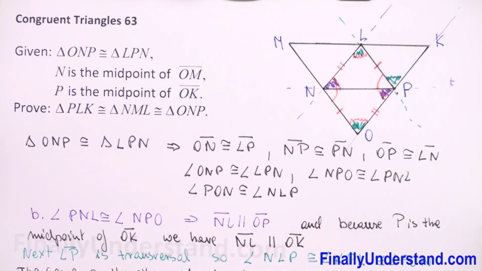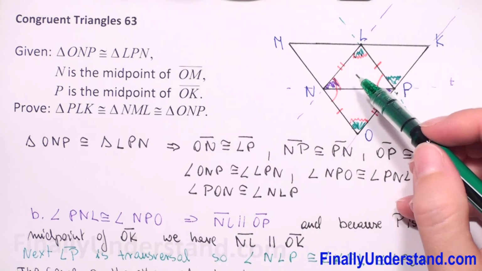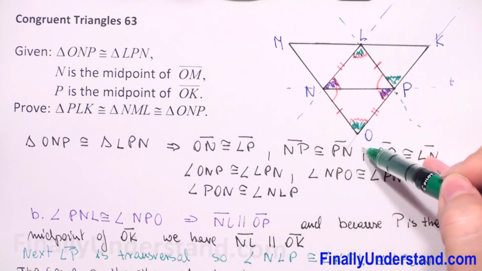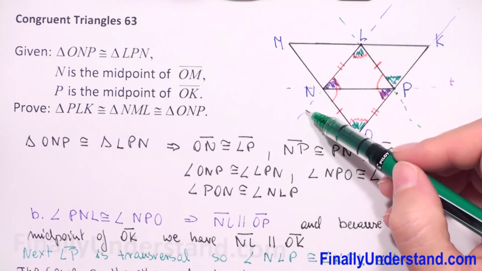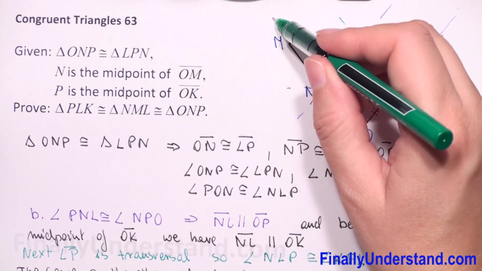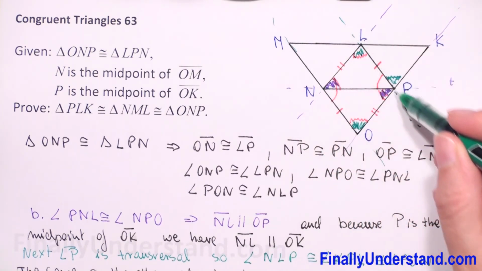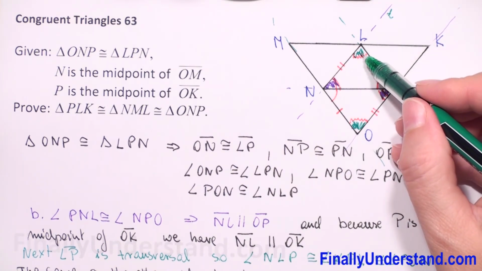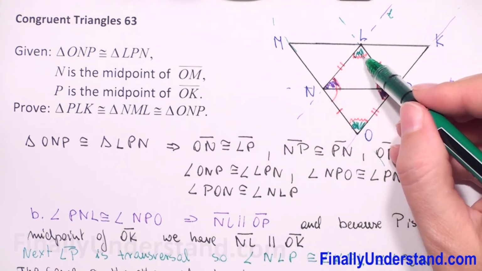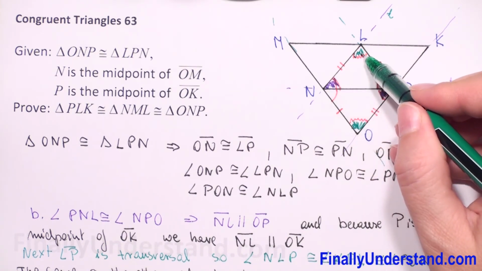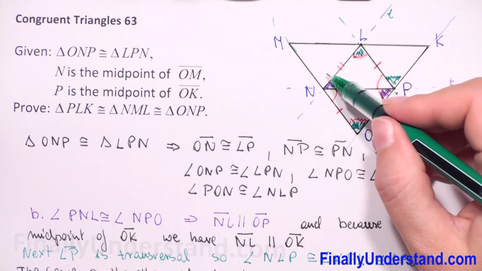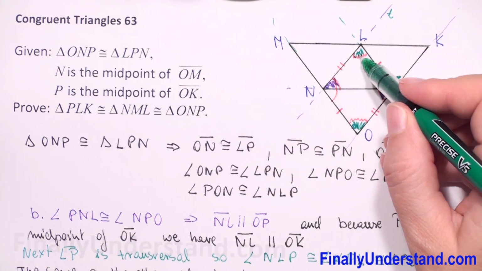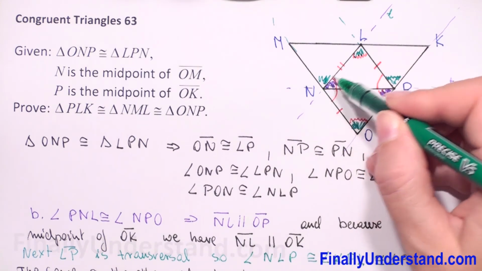So we can mark on our diagram. We have when LP is parallel to OM. So now NL will be our transversal, these two lines are parallel. This is our transversal T. So now the alternate interior angles, the angles which are on the opposite sides of our transversal, are congruent. So this angle is the same as that angle.